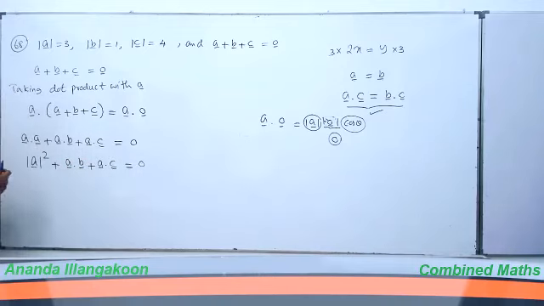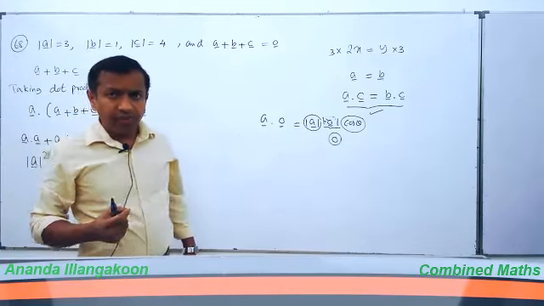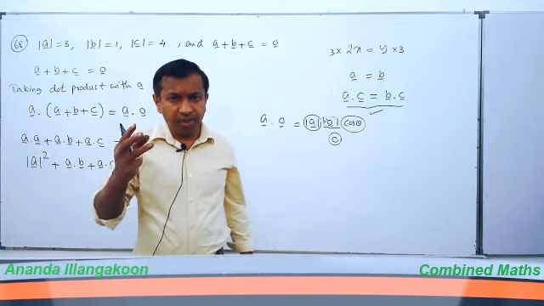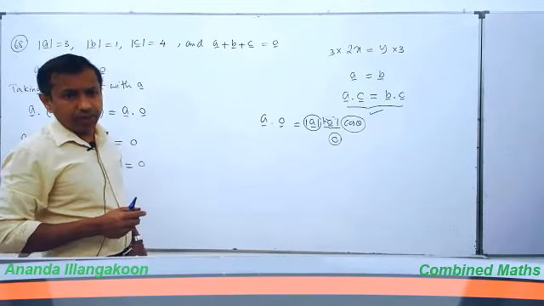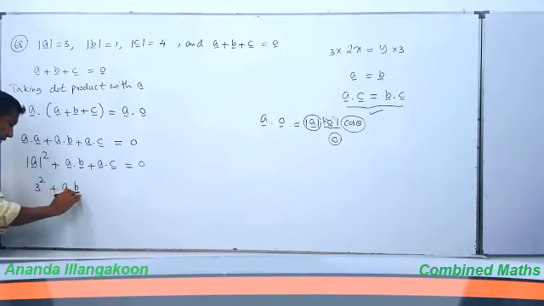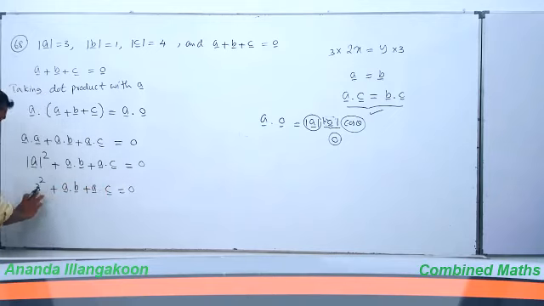Right now, people, when you take the dot product of a vector with itself, the answer is the perfect square of the modulus of that vector. That is why I wrote mod A squared for A dot A. Given that mod A is 3, mod A squared is 3 squared, which is 9.